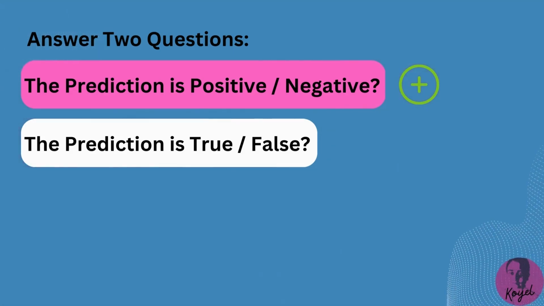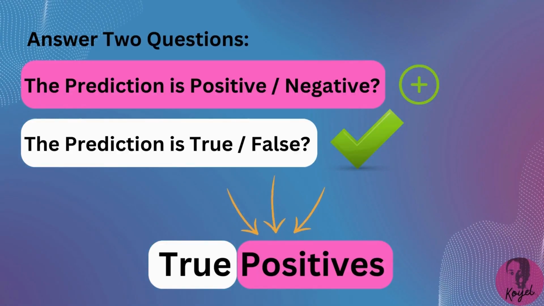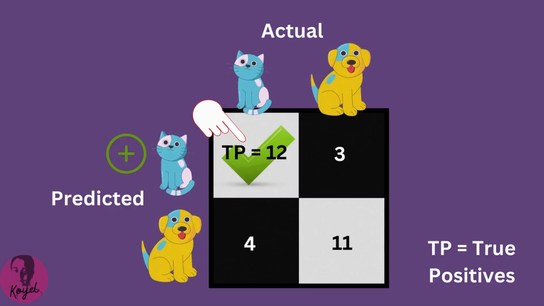Is the prediction true or false? Here, notice that the predicted class level for the targeted cell matches with the actual class level. Hence, the prediction is true. In this way, we get the answers as positive and true. Compile them in reverse order, and now you get the term you are looking for, true positives. Thus, the top left cell of the confusion matrix has represented the true positives.